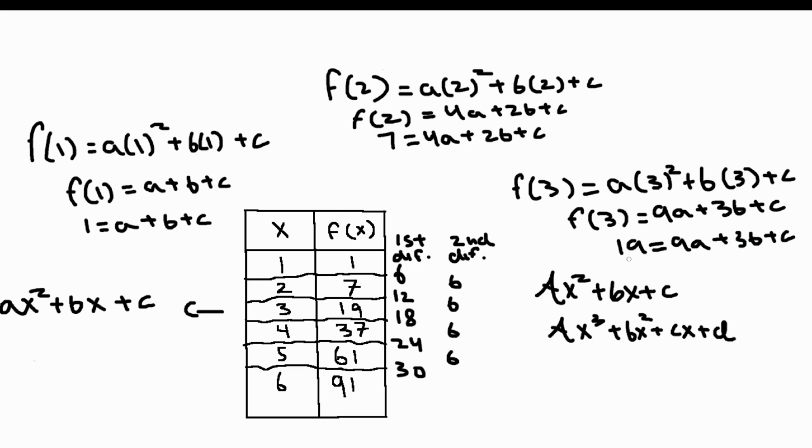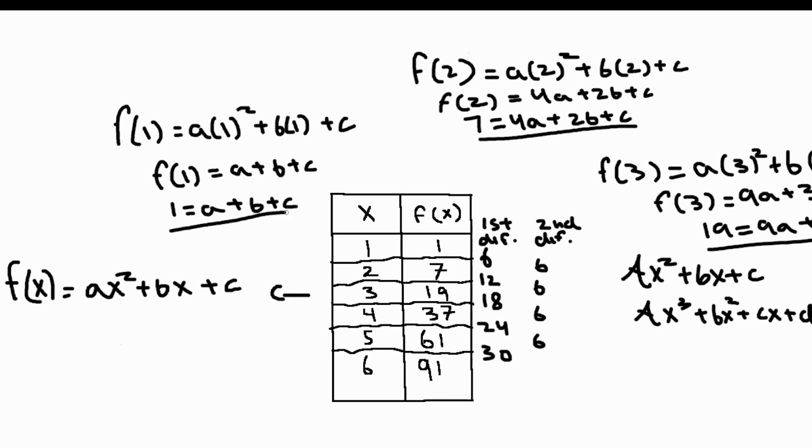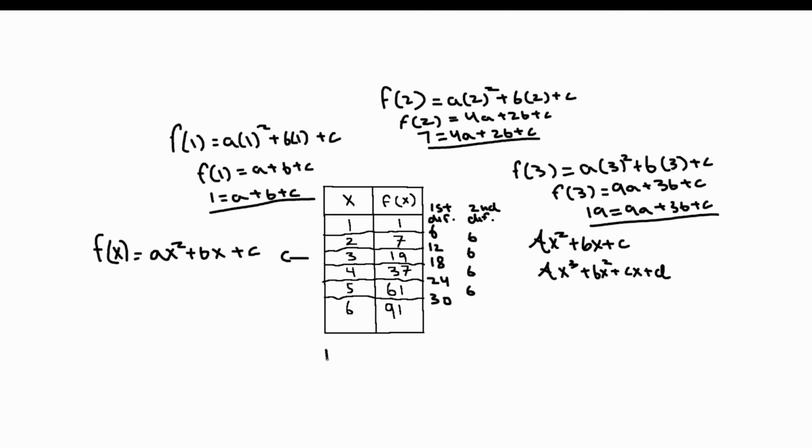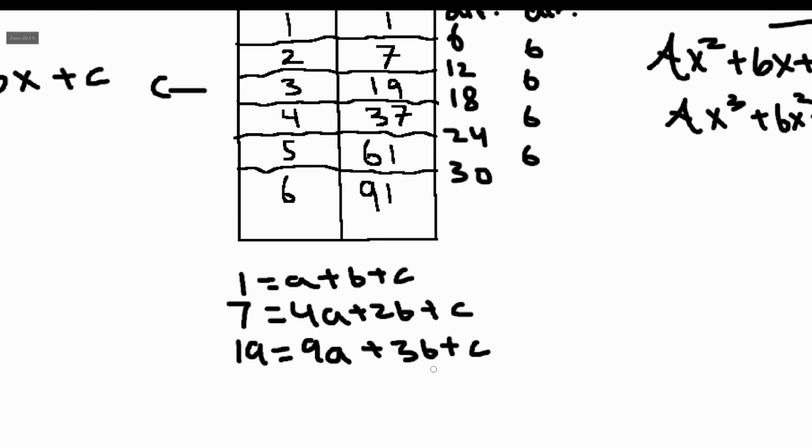So we have these three equations here, and I'm going to just write them next to each other so we can see them better. From here we can solve this, right?